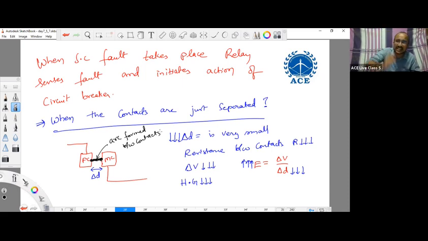What is the reason for formation of the arc? High electric field intensity.